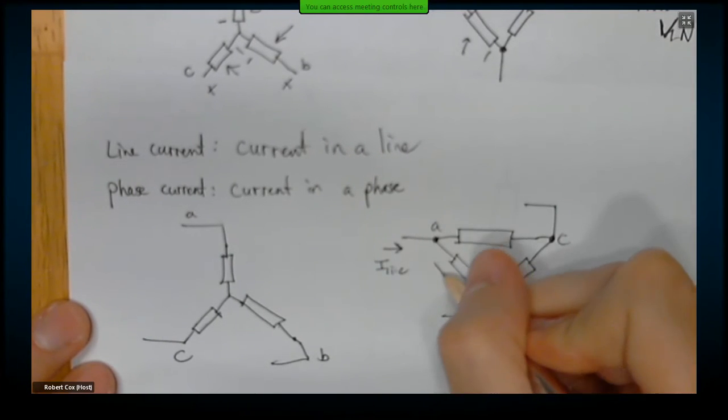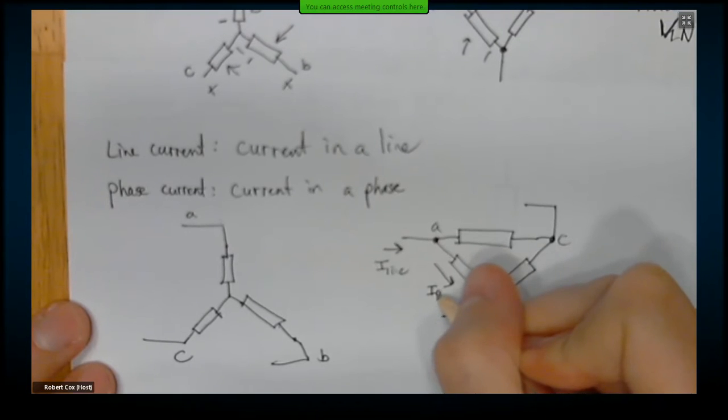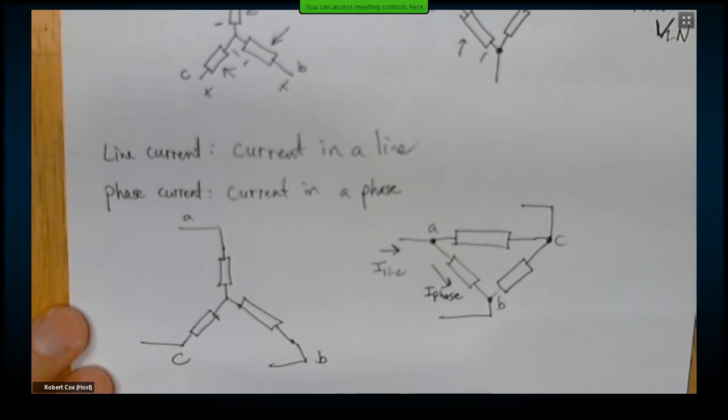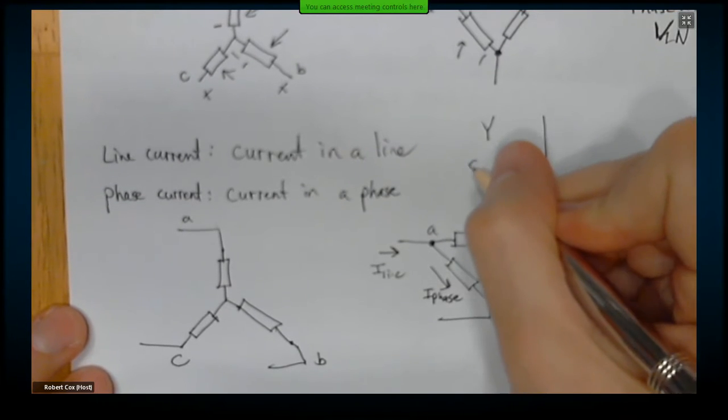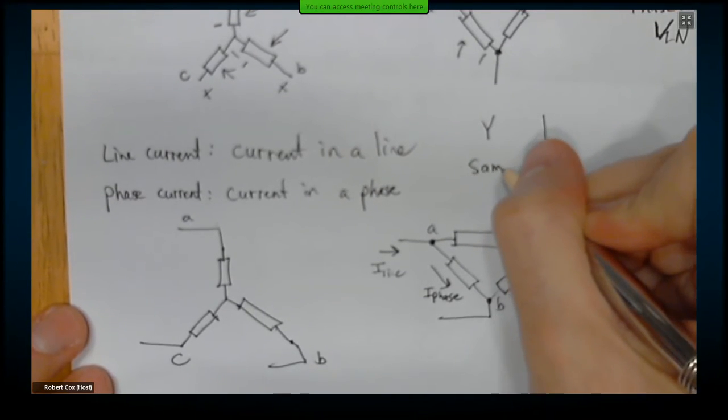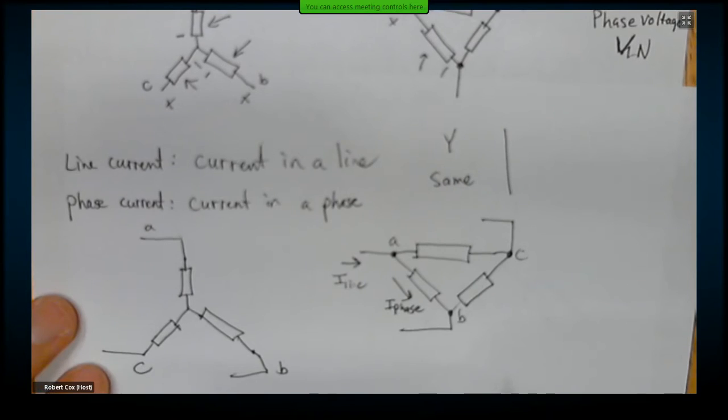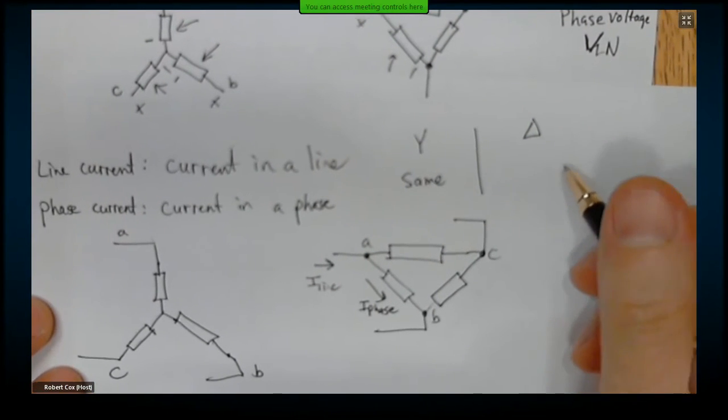This would be I phase. So in this case, in Y, line current and phase current are the same, and in delta, they're different.